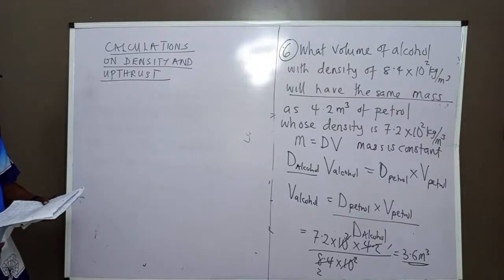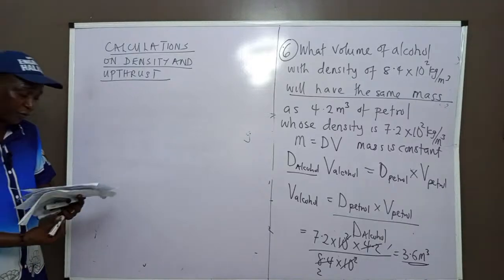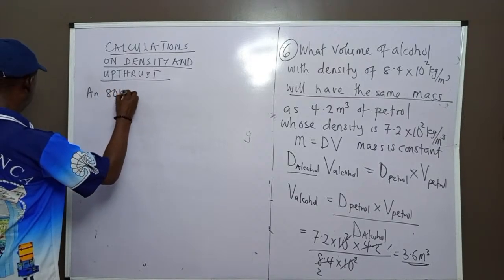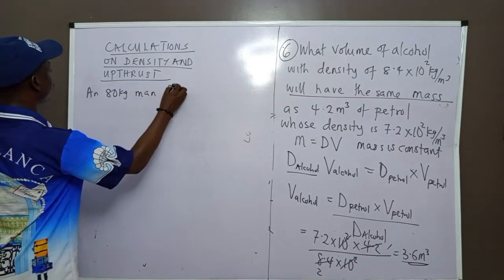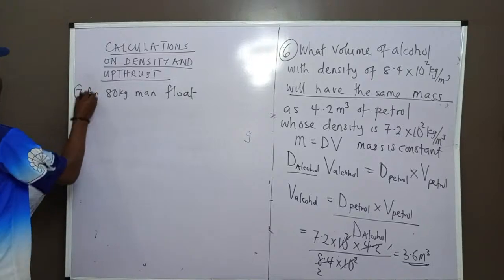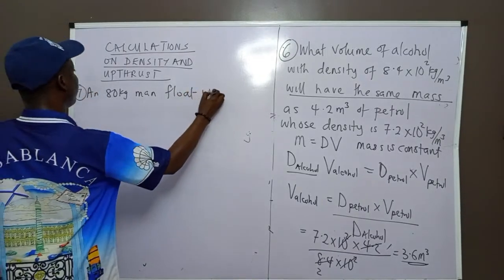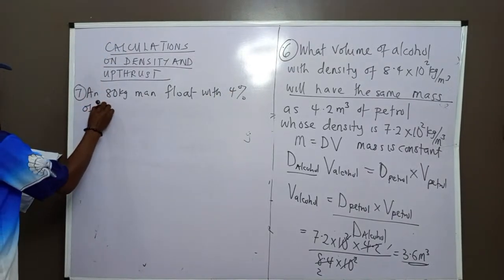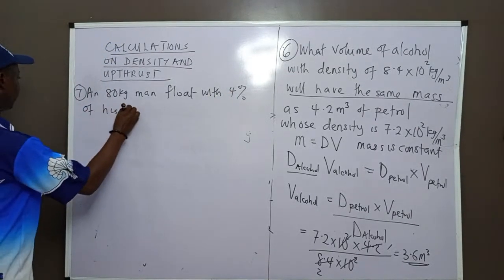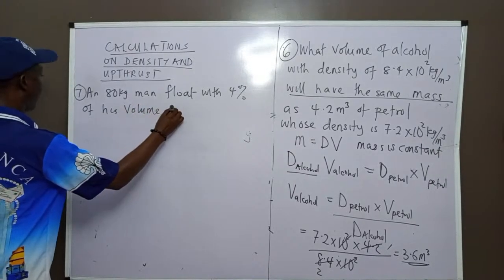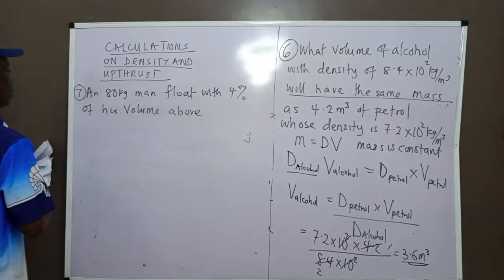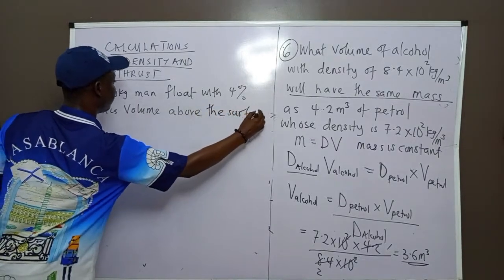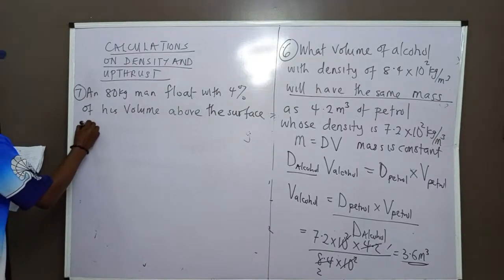Now, there is one question I want us to solve here. An 80 kg man floats with 4% of his volume above the surface in fresh water.